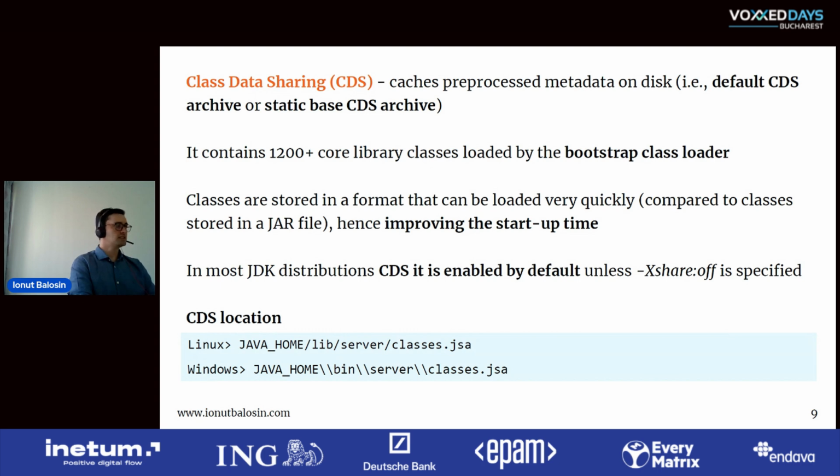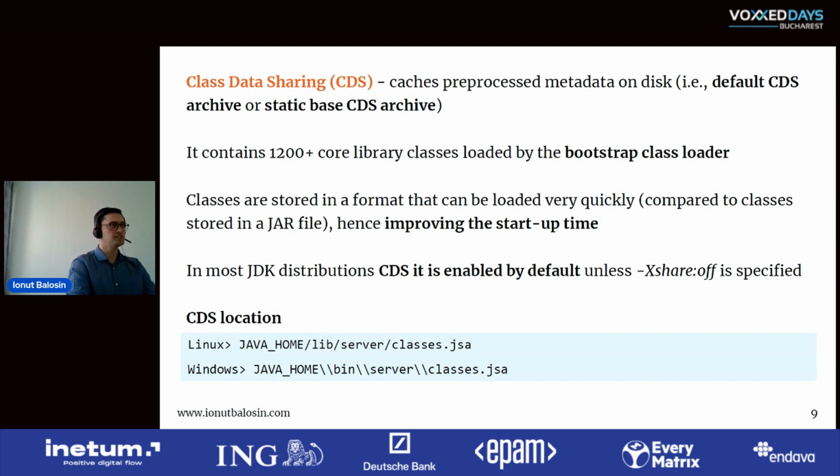CDS, due to historical reasons, was added since 1.5, so it's there since a while. Of course, over time there were new additions, so it got improved. At the moment, CDS contains only system classes.